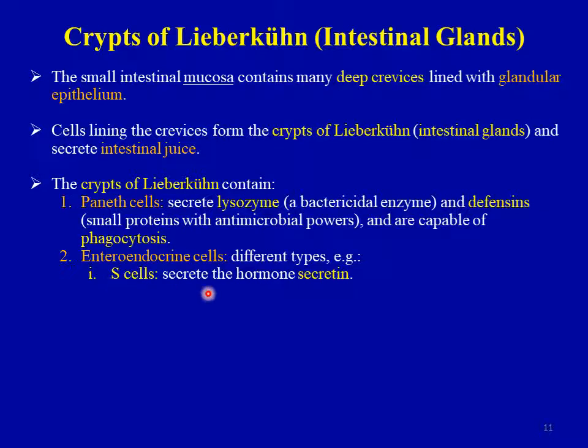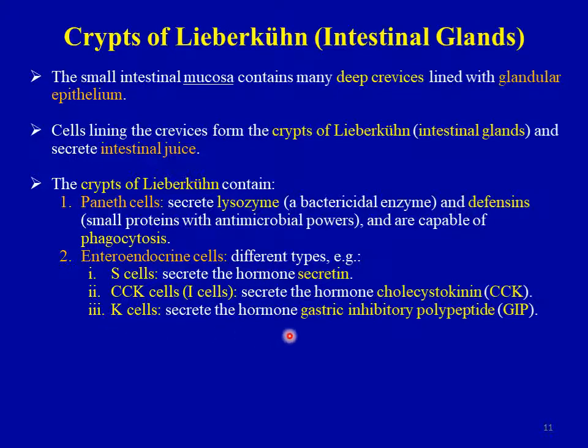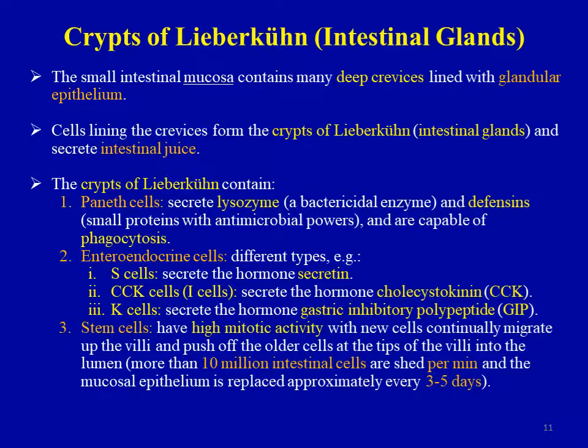We have different types, and here I'm giving just a few examples. The S cells that secrete the hormone secretin, the CCK cells or the I cells that secrete the hormone cholecystokinin, or CCK, and the K cells that secrete the hormone gastric inhibitory polypeptide, or GIP. As I said, not to forget the stem cells.